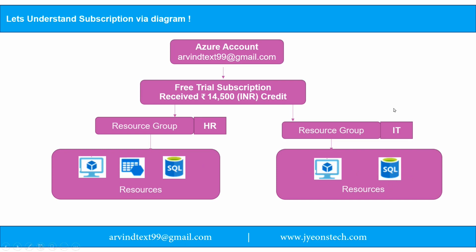You will see here that resource group HR and resource group IT are created under the free trial subscription. So whatever resources you create under the HR and IT resource groups, the money will be deducted from the free trial subscription only, because both resource groups lie under the free trial subscription.